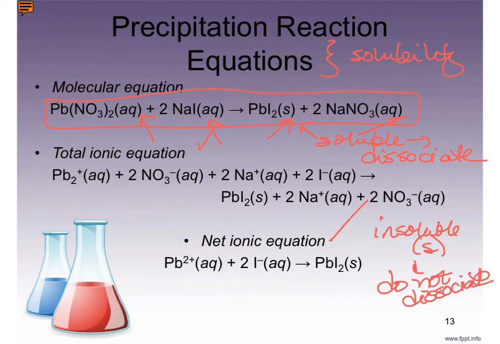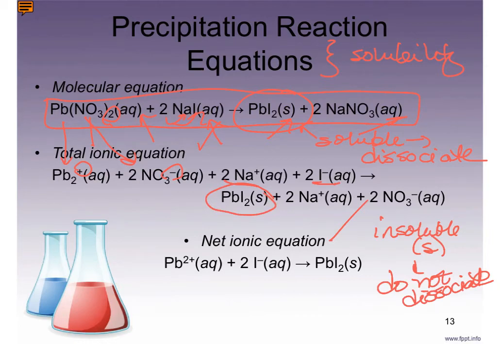So now look what we've done here. We've separated the cations and anions out. Notice there are 2 nitrate groups. You have got to put a charge on every single ion when you separate them out. Again, the 2 goes for sodium and iodine. Now, lead iodide is our precipitate. It's insoluble, so we keep it intact.